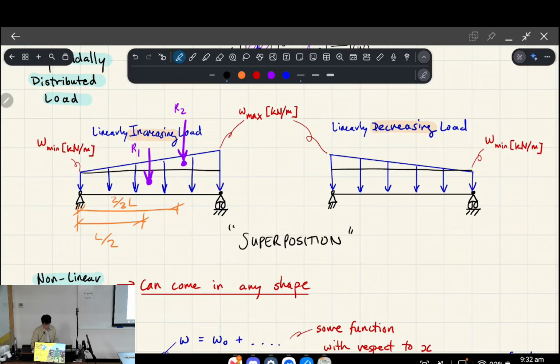This is the idea that you can get shapes of things, and if the principle applies, then you can essentially just add them together. That's hopefully the simplest way I can explain that. But for these distributed loads, the principle of superposition applies. So you're allowed to treat it like so. Any other questions for now?